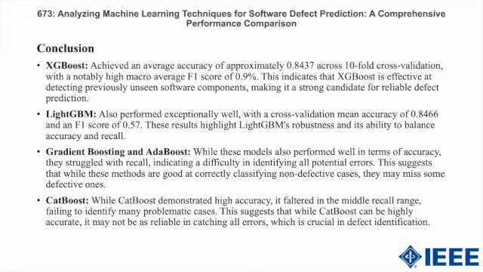It achieved 0.8466, and gradient boost has lesser, and ADA boost also has lesser value when compared with the other algorithms. And finally, CatBoost has the highest accuracy value of 0.8508.